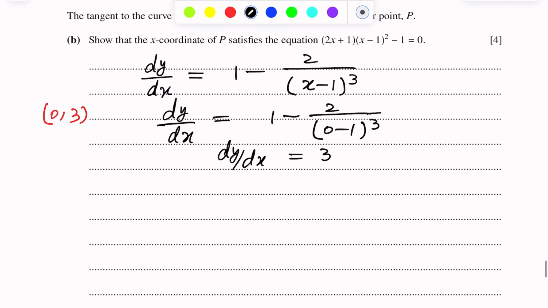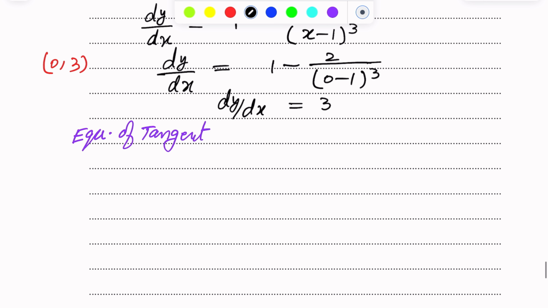Now for the equation of tangent, we have the gradient of the tangent 3 and the point is (0, 3). So the equation of tangent will be y minus 3 is equal to gradient times (x minus 0).